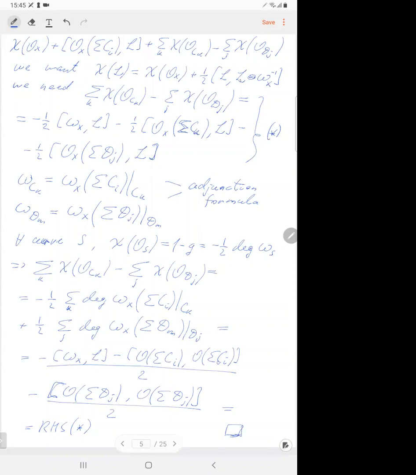I mean, by a I mean this O of sum of CIs, and by b I mean O of sum of DIs. So we proved it.